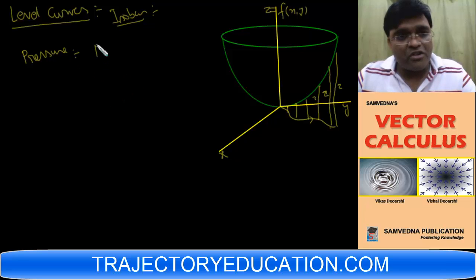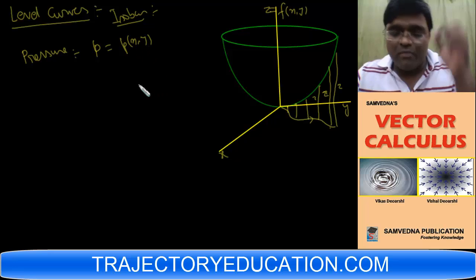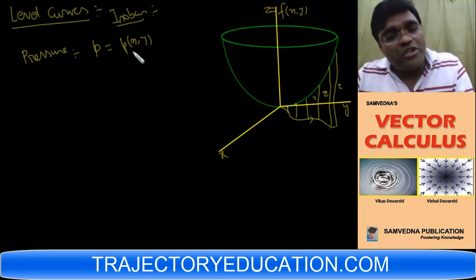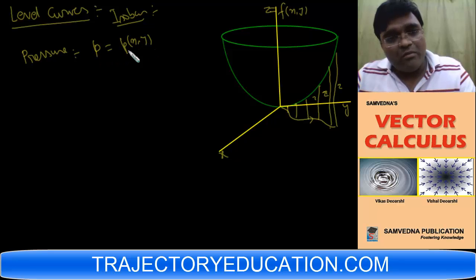So I can say the pressure P will be a function of x and y. x and y are the two coordinates which define the position of a place in Delhi. Your position can be defined by two variables, x and y. I can choose some origin and then I can define the position of any point in a particular region by these two coordinates, and then P will be a function of those coordinates, x and y.